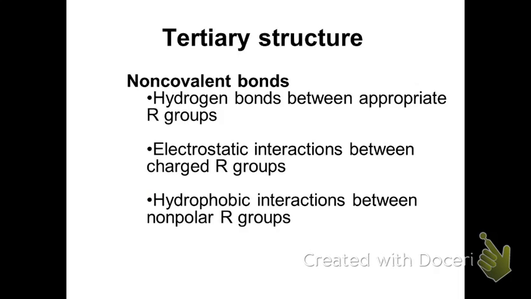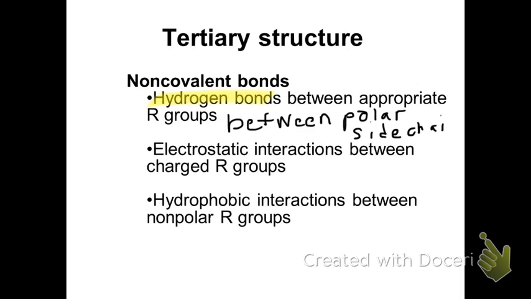And those are going to be between polar side chains, or polar R groups. So hydrogen bonding takes place between R groups that are polar.